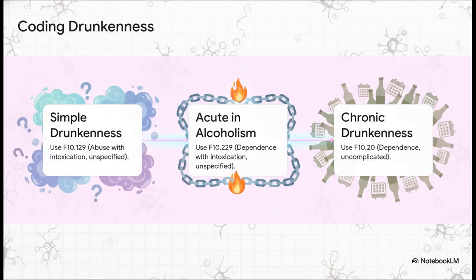For simple, straightforward drunkenness, you're going to use the abuse code, F10.129. But if the documentation links that drunkenness to alcoholism, then it's acute drunkenness and alcoholism, and you need to use the dependence code, F10.229. And finally, for chronic drunkenness, you'll use F10.0. As you can see, the context is absolutely key.